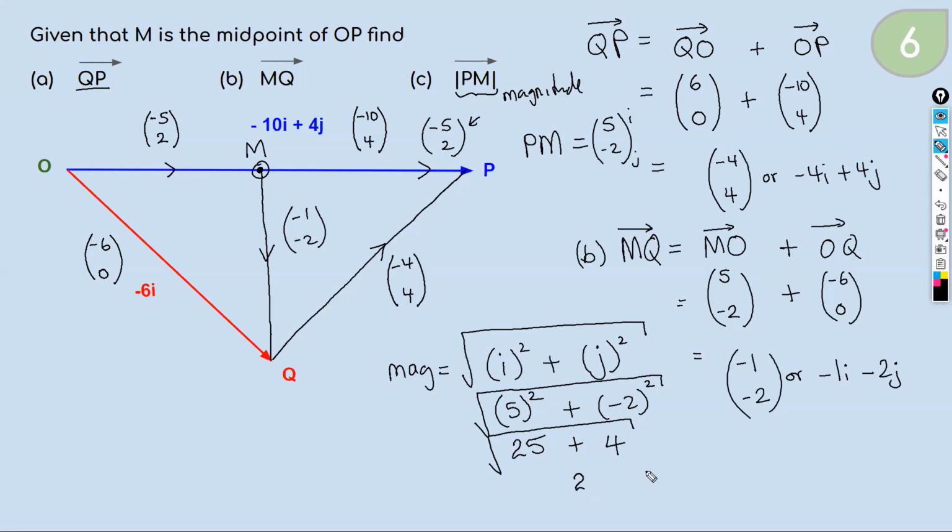When you square root 29, let's see what you get. The square root of 29, if we round it off properly, I'm getting 5.39. We have to round it off properly to 2 decimal places.